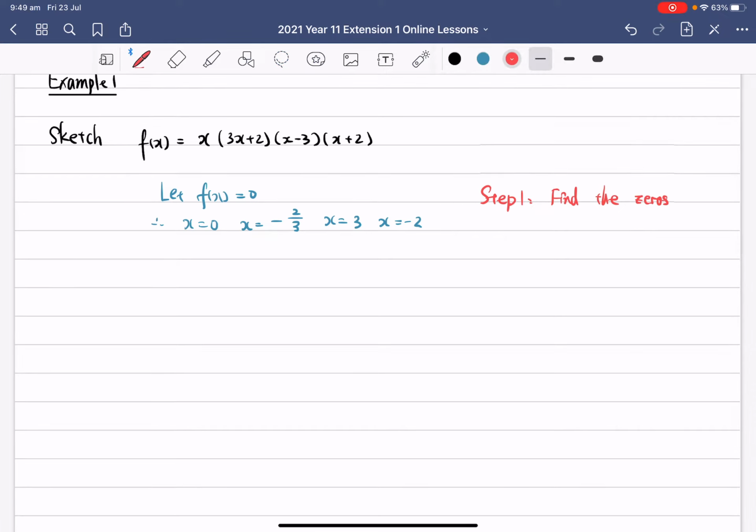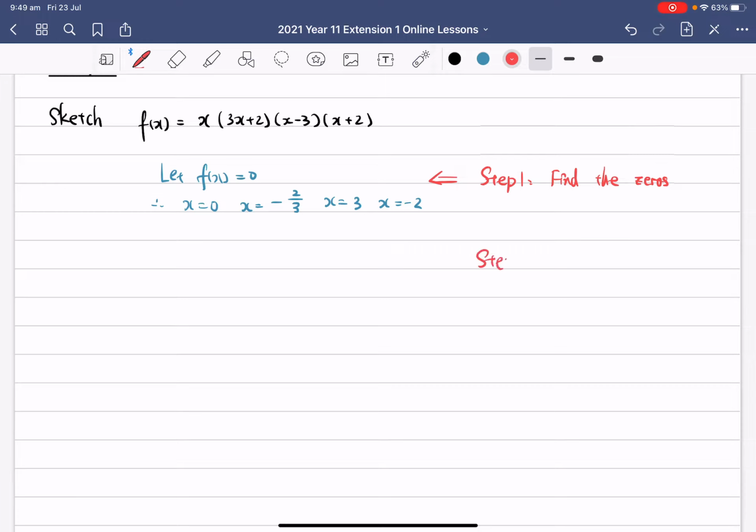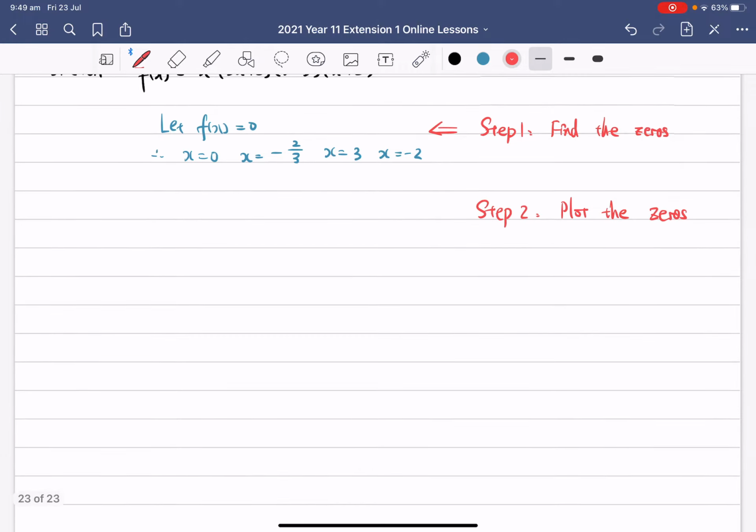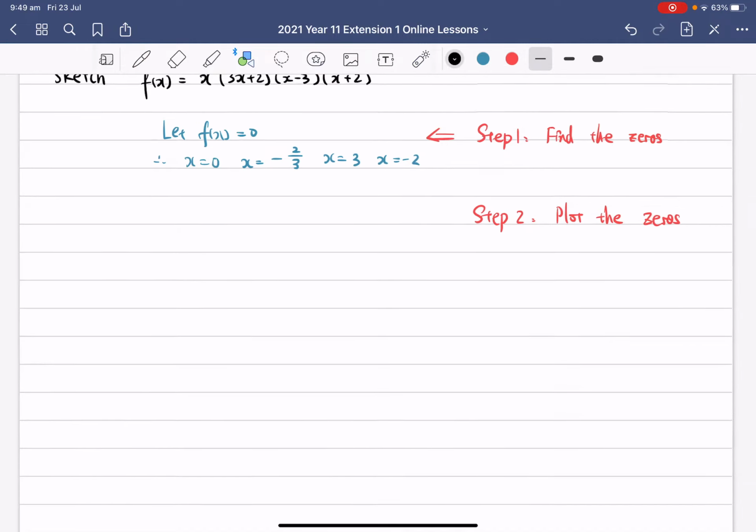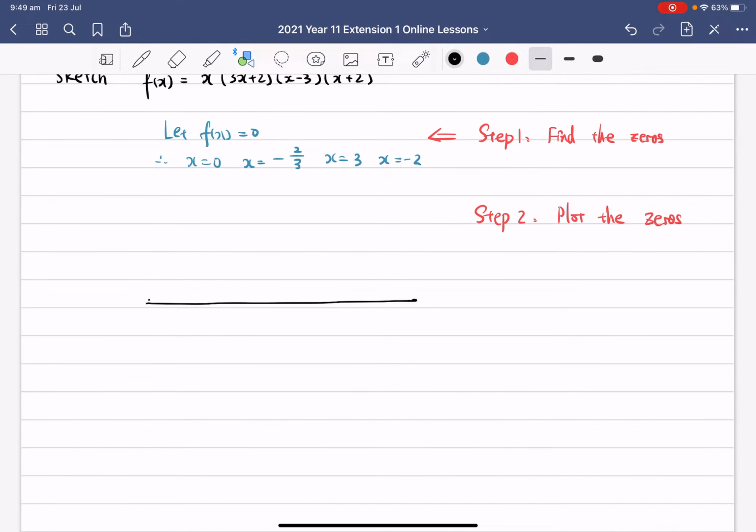When the first step is finished, the next step is step 2: you just need to plot the zeros. Very simple. Plot the zeros, which means you start drawing the horizontal and vertical axes. Plot the zeros on the horizontal axis. The first one is equal to 0, that's the first point, using a different color.